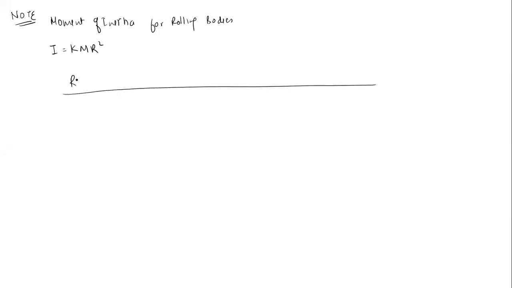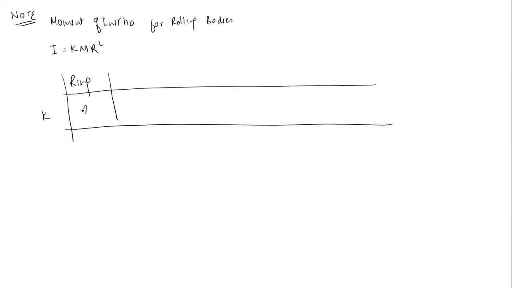What about the disk? It is mr square by 2, so k will be equal to half.